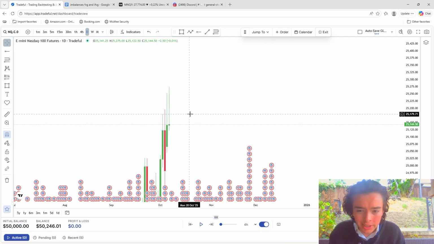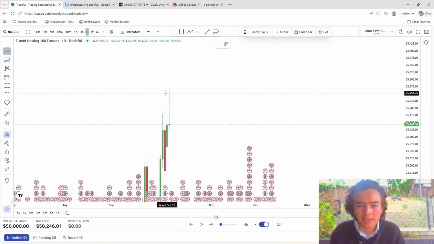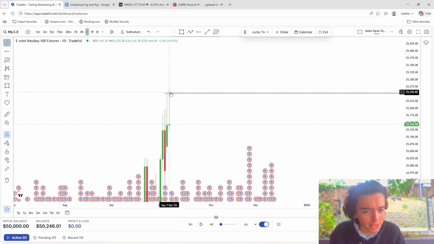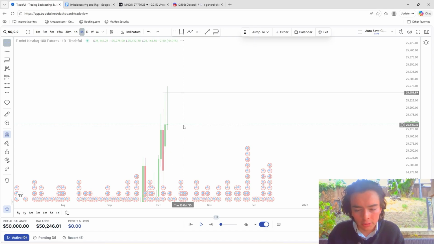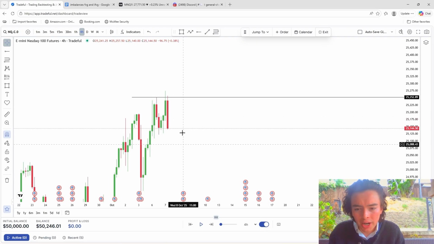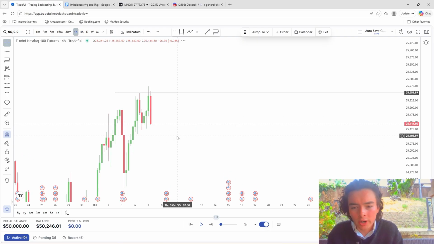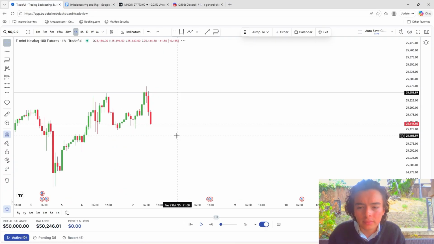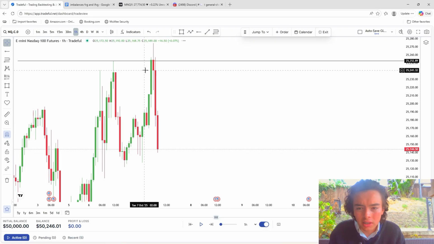Again, what do we see in the daily? Okay, so we ended up taking out this level of liquidity and we kind of rejected a bit lower from there. The 4-hour time frame is telling us the same exact story. So we do have that to work with, right? And on the 1-hour time frame, we do have some pretty strong reversing candles down lower.